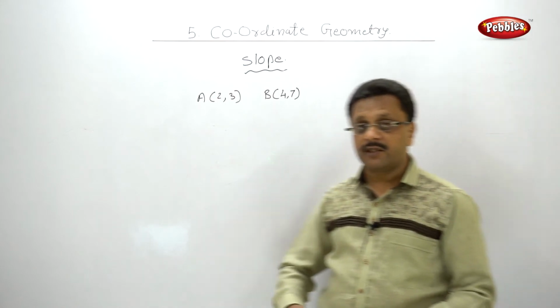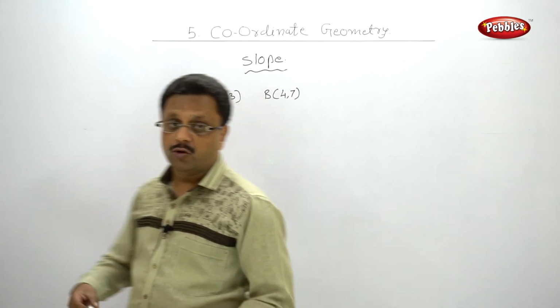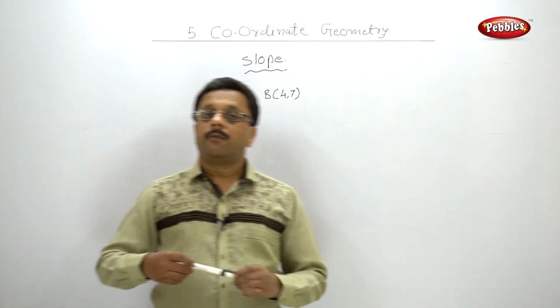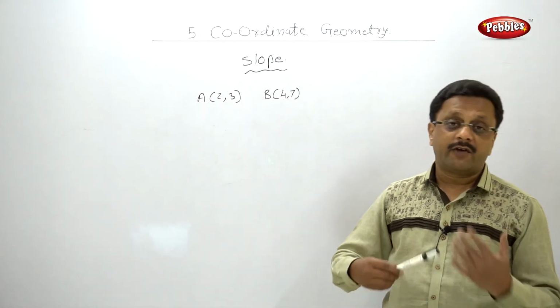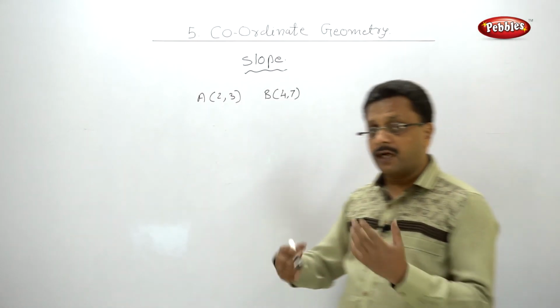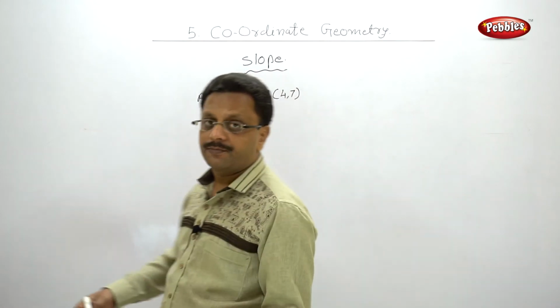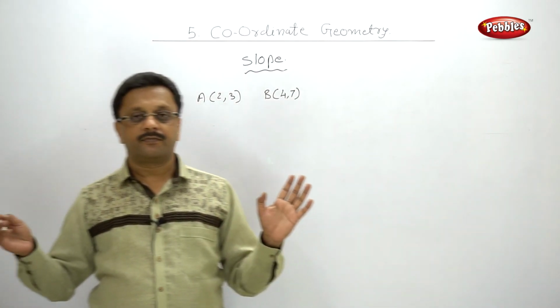Now remember, in this chapter there are so many additions, subtractions, multiplication, divisions. So if you are not very good in arithmetics or doing the addition, subtraction, multiplication, division, then it's a problem.